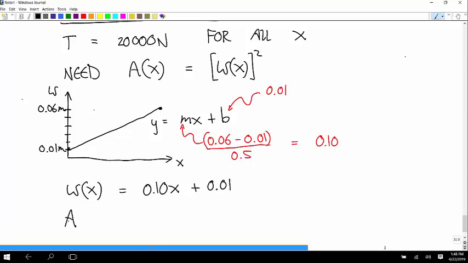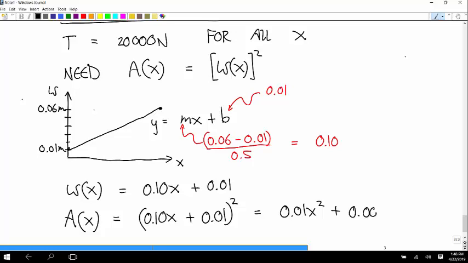And so now the area as a function of x is the quantity 0.1x plus 0.01 squared. So that's 0.01x squared plus 0.002x plus 1 times 10 to the minus 4. I think that's right.